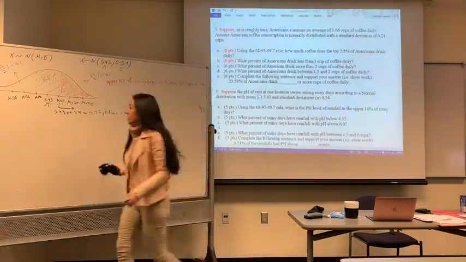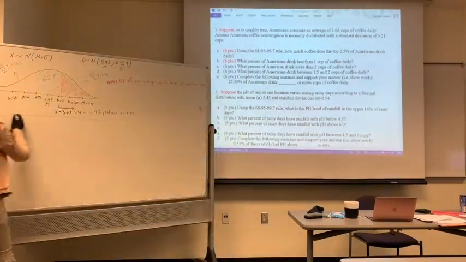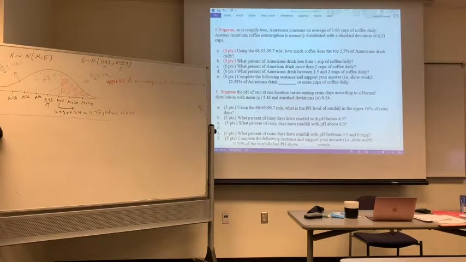Okay. So now the next part says, what percent of rainy days have rainfall with pH below 4.5, which is less than, correct? So we start with x equals 4.5, right?